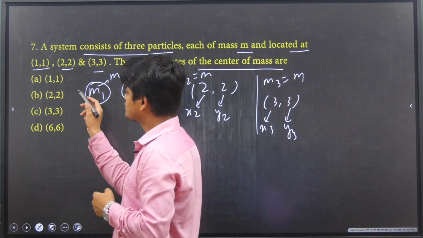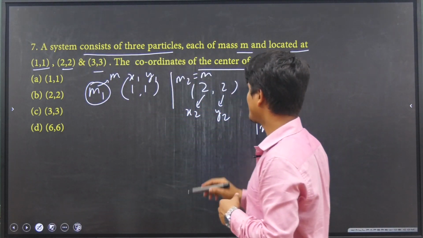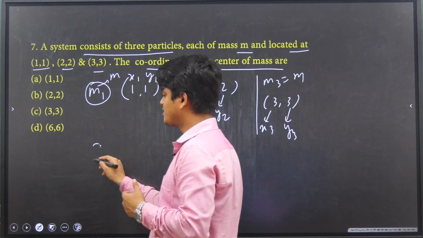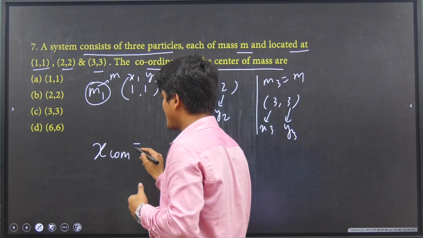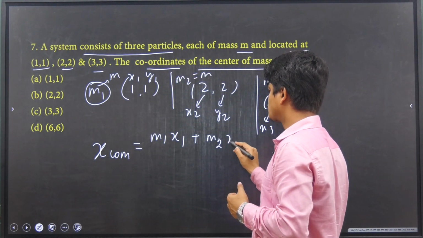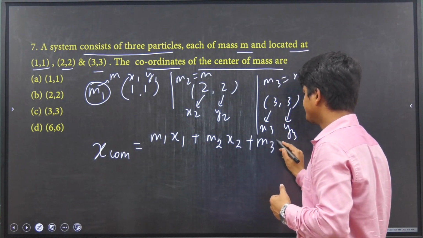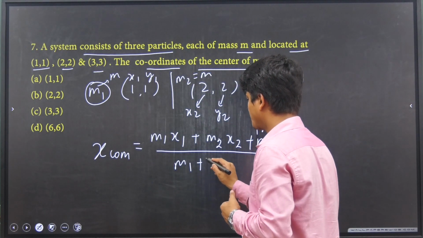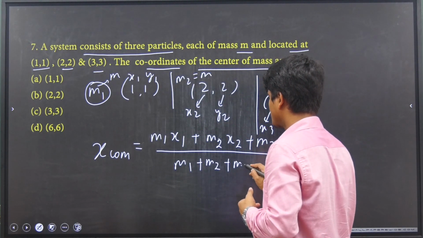Now they asked the coordinates of the center of mass. The same formula will apply for a discrete mass system. So what is the formula? XCM is equal to m1 x1 plus m2 x2 plus m3 x3 divided by m1 plus m2 plus m3.